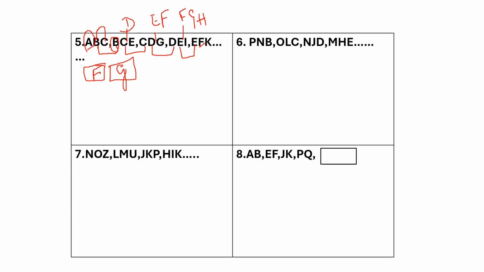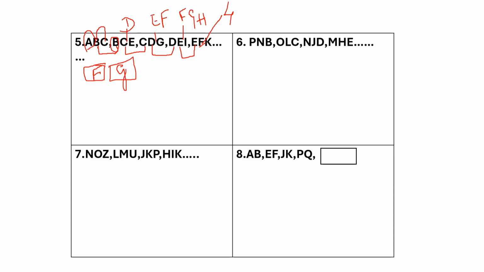The series looks like this: from the second letter to the third letter within a term, in the first term it is the immediate next letter. In the second term, one letter is missing between the second and third letters. In the third term, two letters are missing between the second and third letters. Here three. Now in EFK it should be 4. We will check.